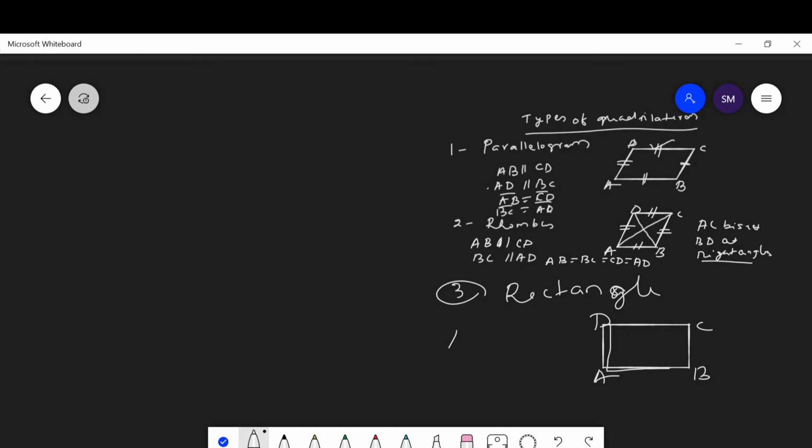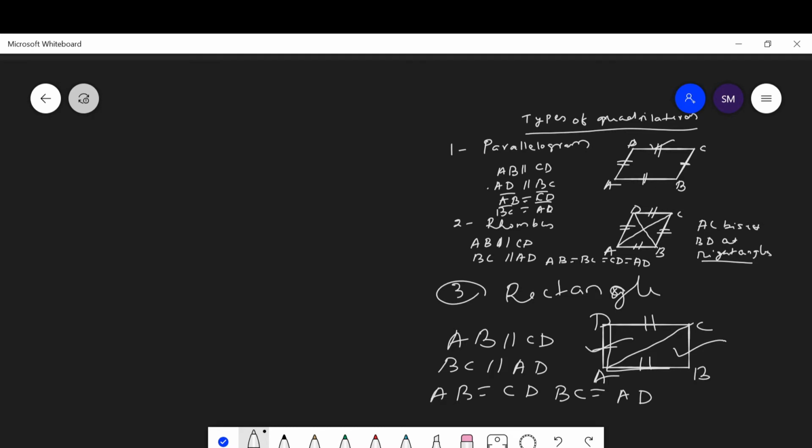ABCD is a parallelogram, so AB is equal to CD and AD is equal to BC, AB is parallel to CD, and BC is also parallel to AD.